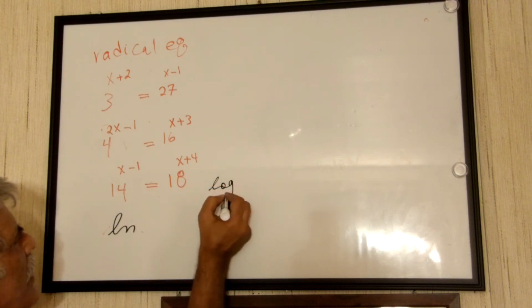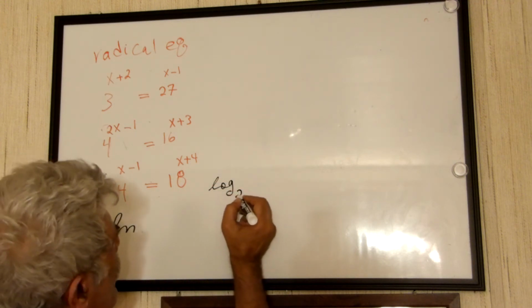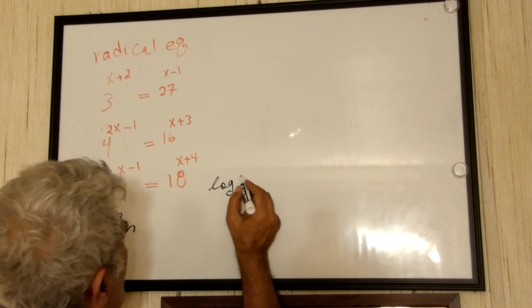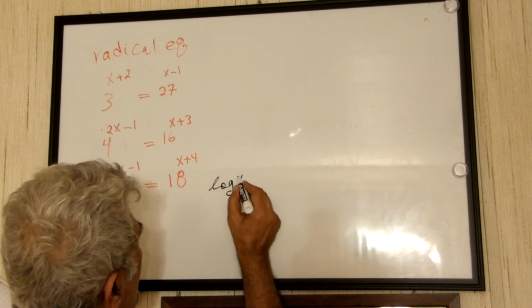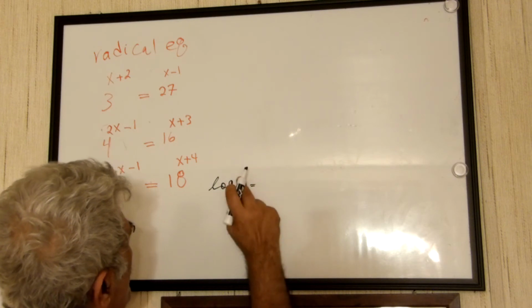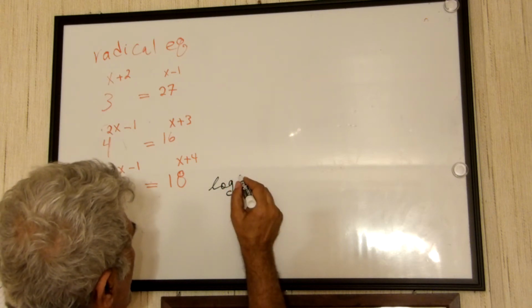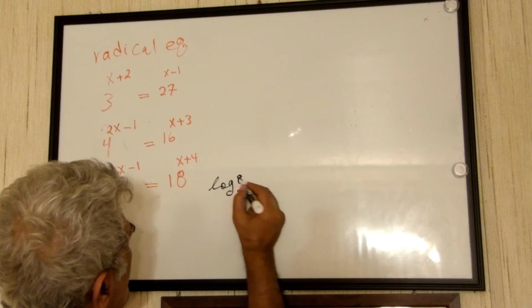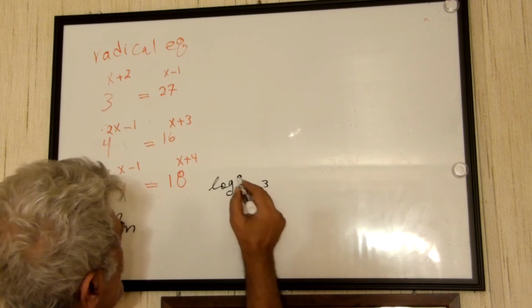You know, we say log of 2 base 2 x. Whatever is going to be 8. What is going to be 2 to the power of 3 is going to be 8.